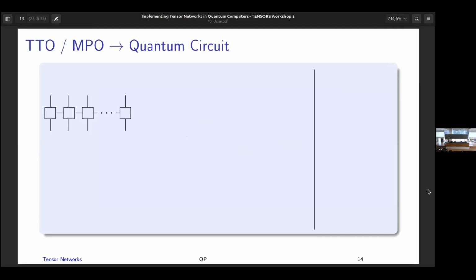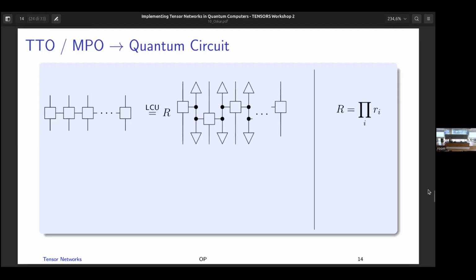The first network that I want to implement is the tensor train operator, or matrix product operator. This is a series of contractions of matrices, or order 3 and order 4 tensors. The first thing that we do is replace the horizontal legs by the linear combination of unitaries in this way.